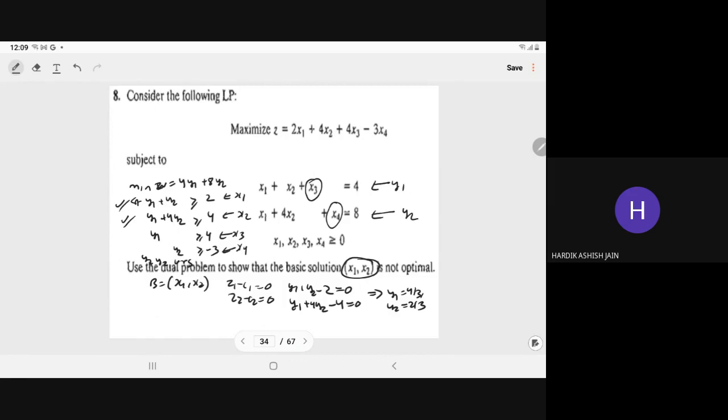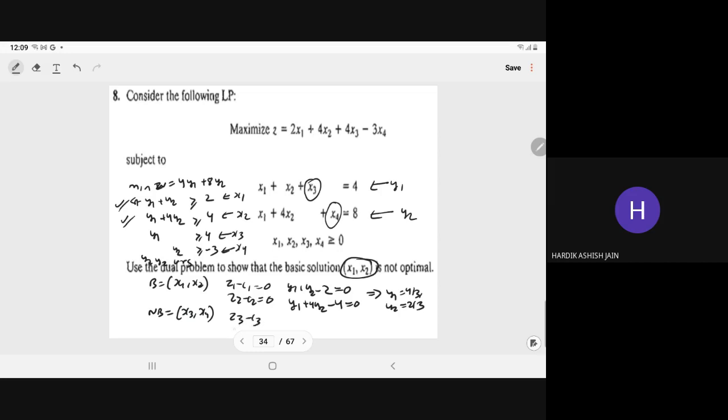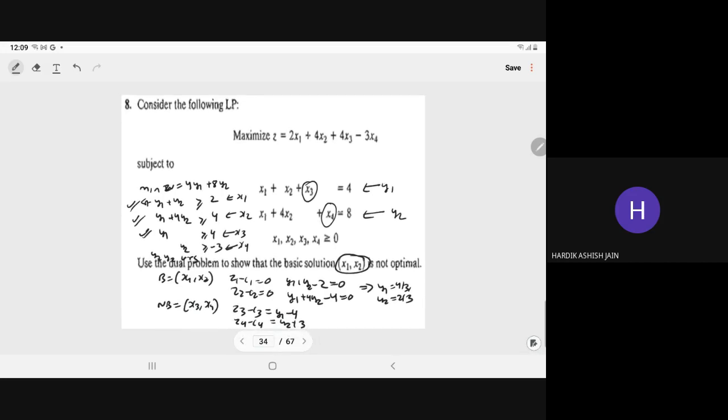Now for the non-basic variables, meaning x3 x4, we compute z3 minus c3 and z4 minus c4. z3 minus c3 will become y1 minus 4, left minus right, and z4 minus c4 will become y2 plus 3.